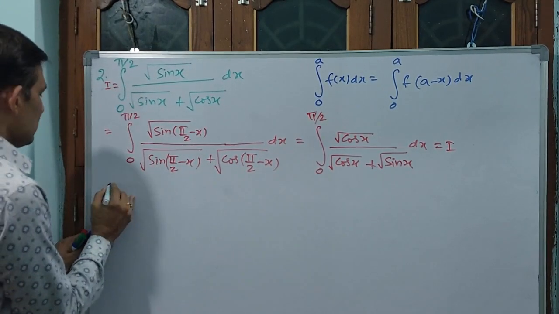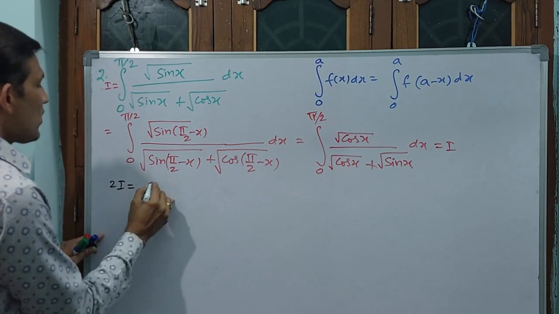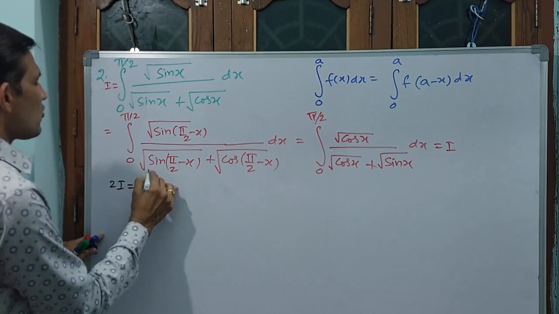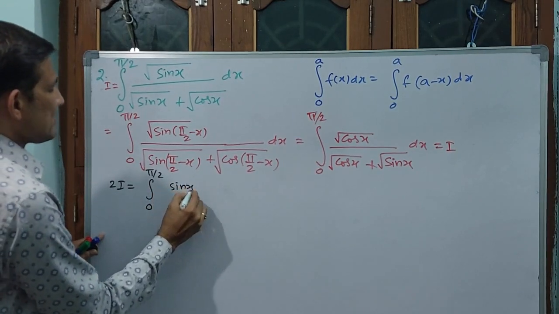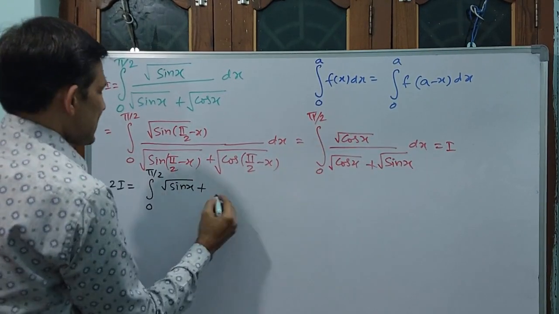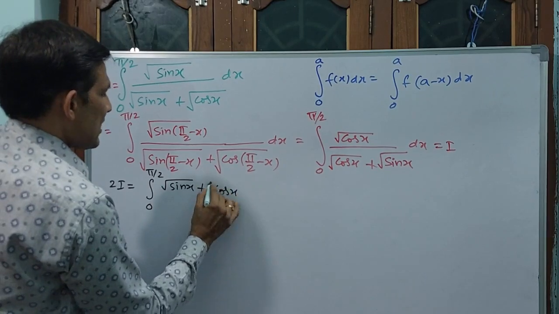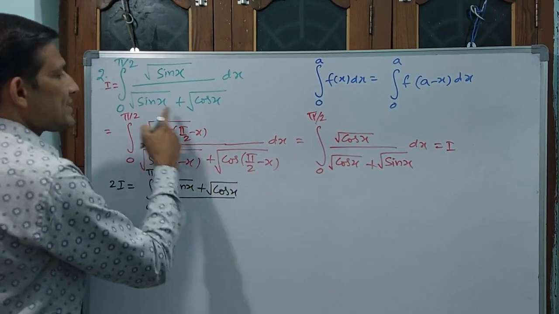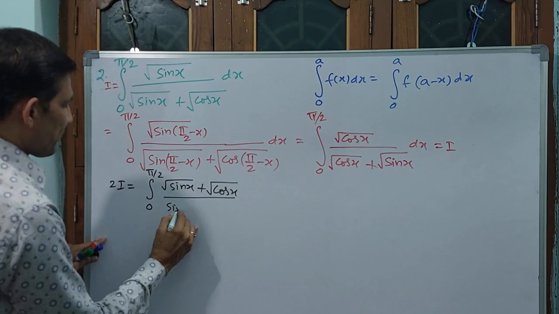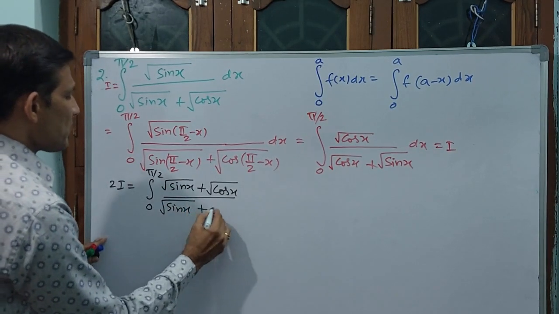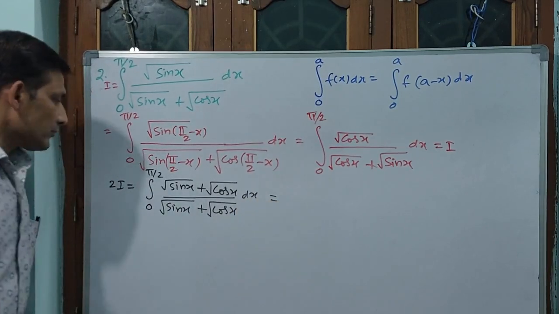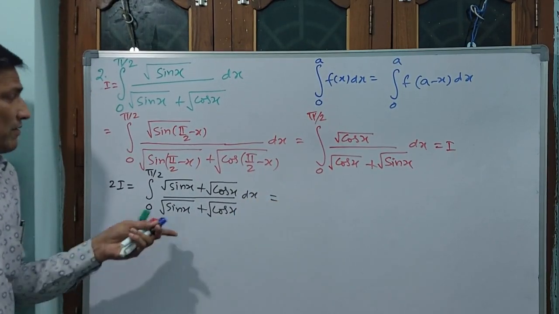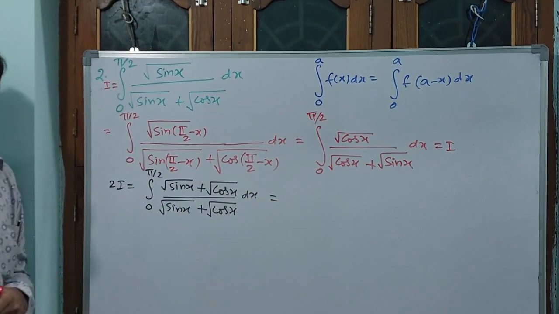Write down 2I is equal to integral 0 to pi by 2, directly I am writing, of square root of sin x plus square root of cos x divided by square root of sin x plus square root of cos x, dx. Is it okay? Definitely okay. 2I value: because the LCM is the same, we can add the integrals.